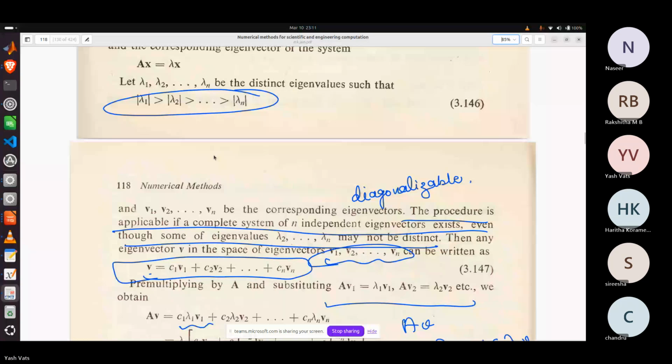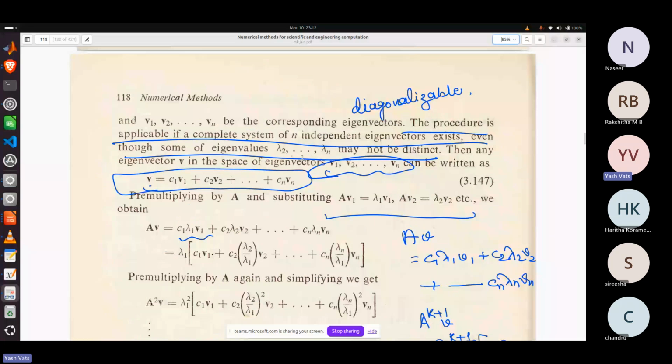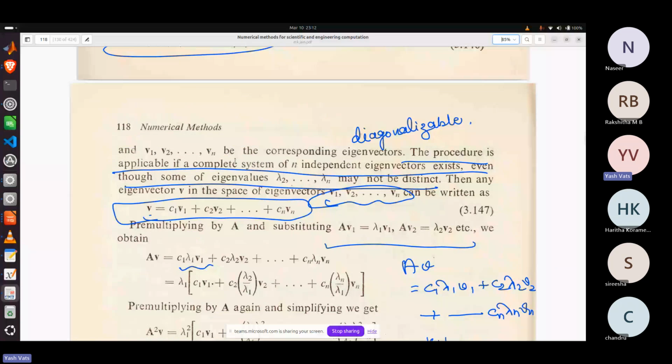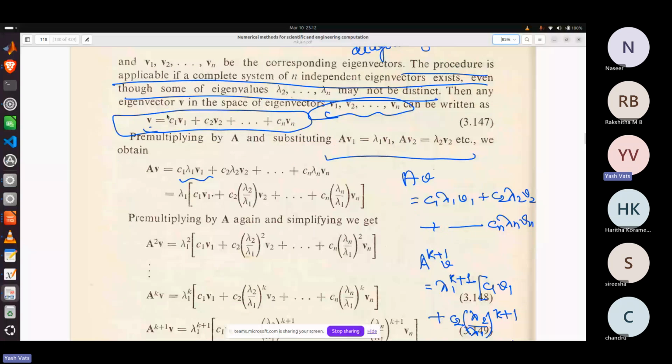So first assumption is that A has n eigenvalues and the n eigenvalues are distinct. And V1, V2, up to Vn are the corresponding eigenvectors. Then since you have n eigenvalues, you have n eigenvectors V1, V2, Vn. And of course, you can write V in the space of eigenvectors like this.